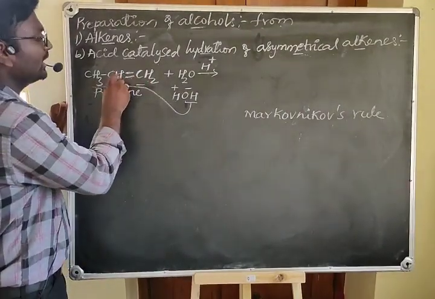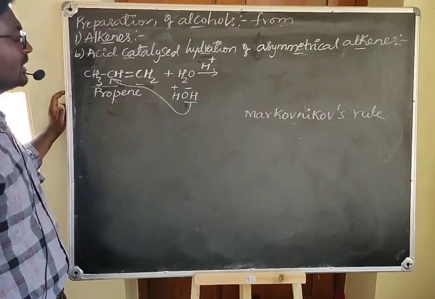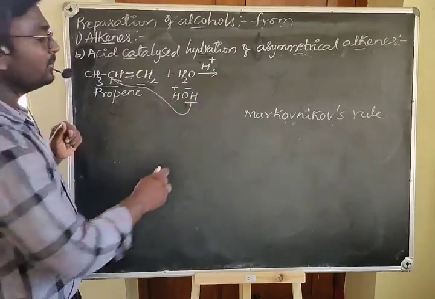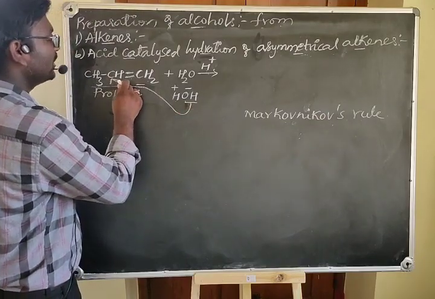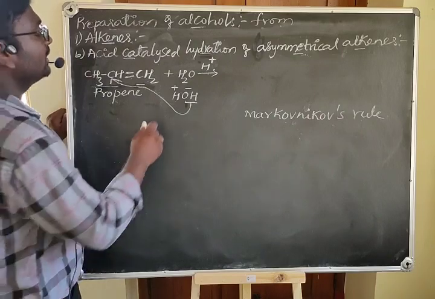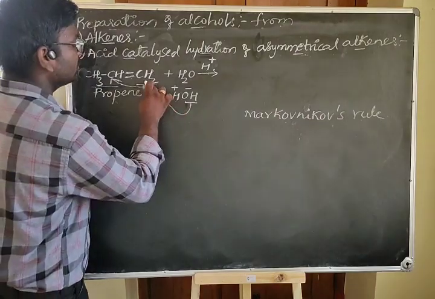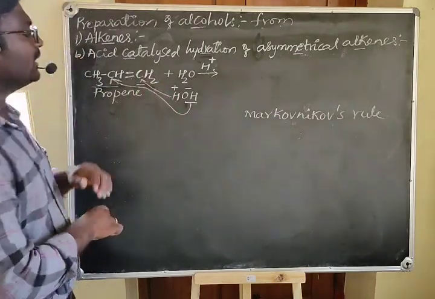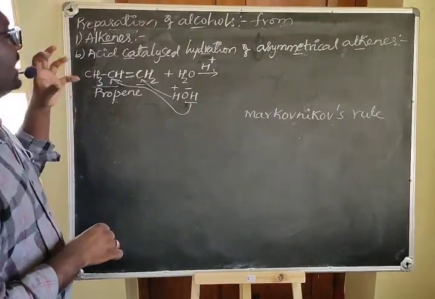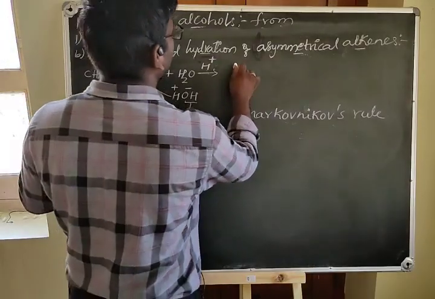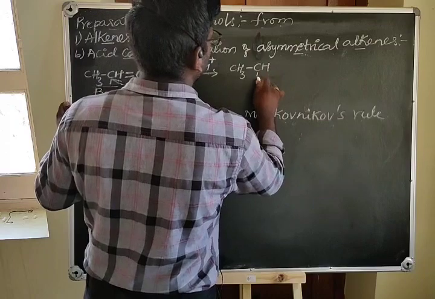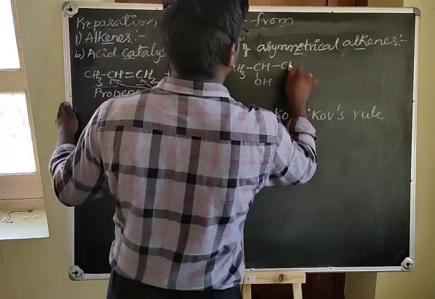This has one hydrogen, this has two hydrogens, and this rule states that the negative part of the addendum gets attached to the doubly bonded carbon with a lesser number of hydrogens, and the positive part gets attached to the doubly bonded carbon with a higher number of hydrogen atoms. Okay, in this way, if the attack takes place, then this will be the product.